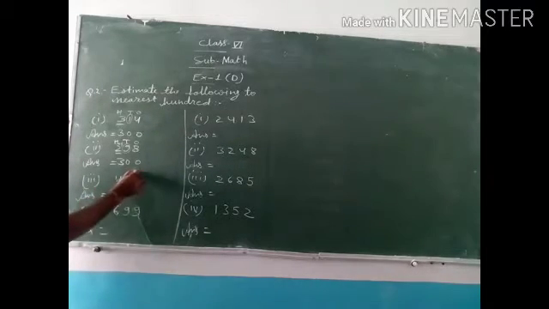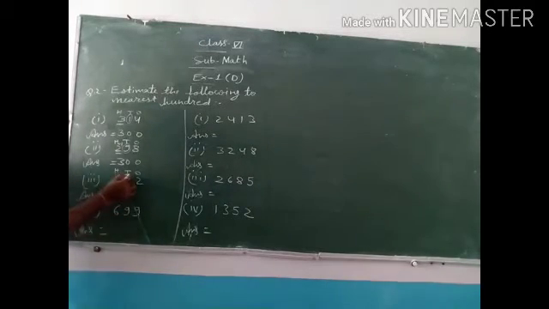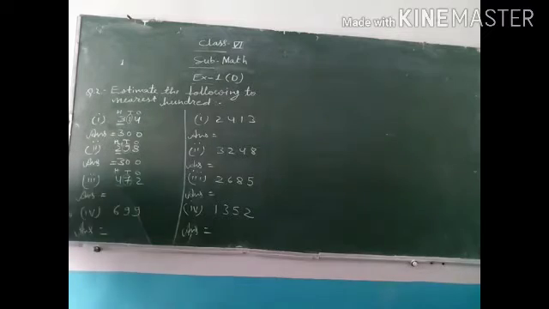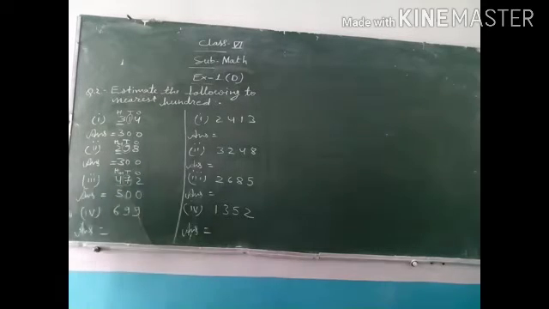Again 472: ones, tens, 100. We have to round off the 100 place, so we will observe which digit? Tens place digit. At tens place what is there? 7 is there, greater than 5, then it will become 0, it will also become 0, and here plus 1, that means 500.